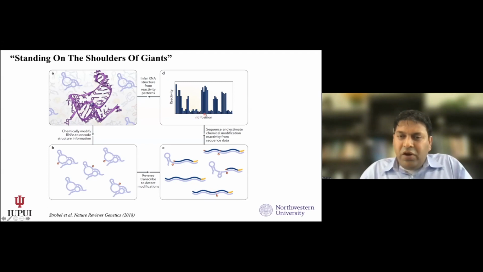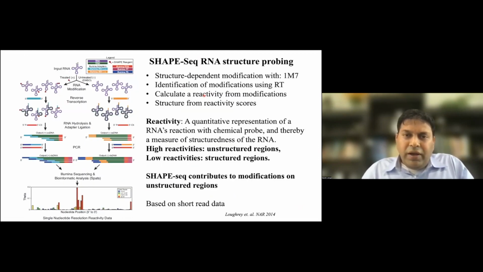For instance, in locations where the single stranded regions are modified, you will see more dropout and you will see higher reactivity score, represented as the number of reads or some normalization thereof. So again, the approach in these is you take an RNA molecule, you treat with one of the SHAPE or DMS reagents. On the left, you would follow using a reverse transcription and short read sequencing.